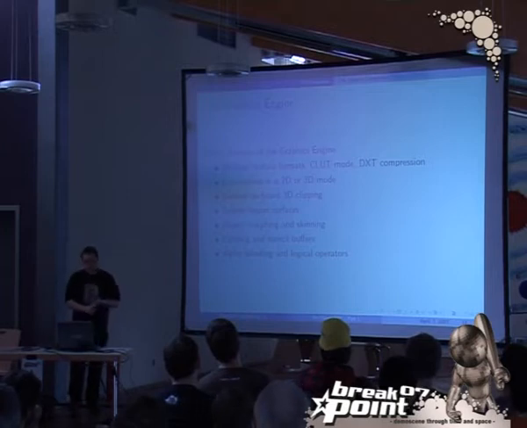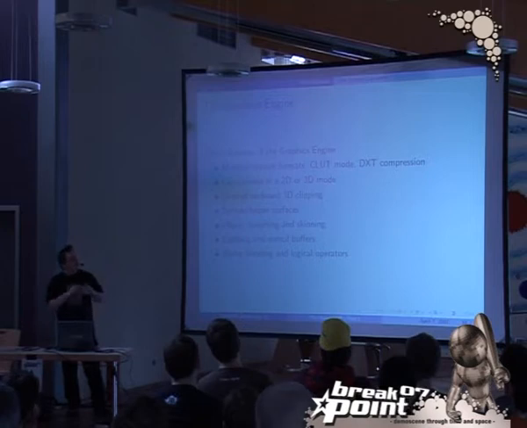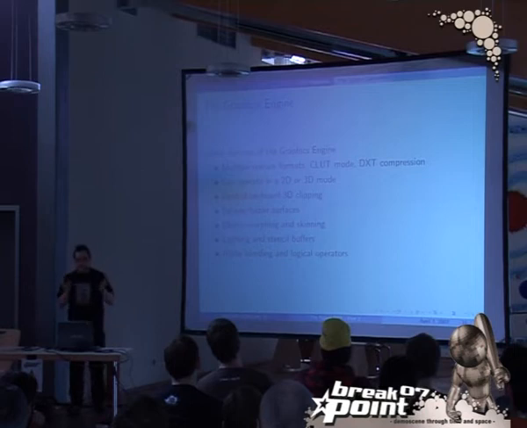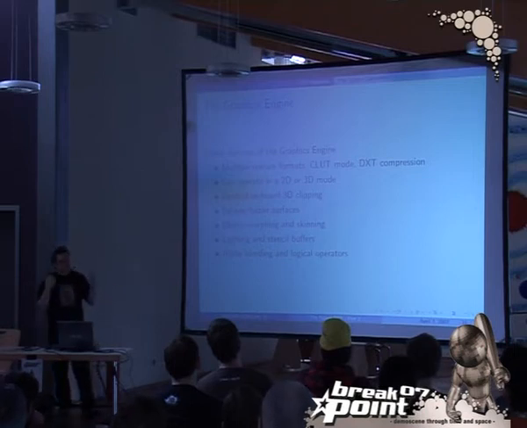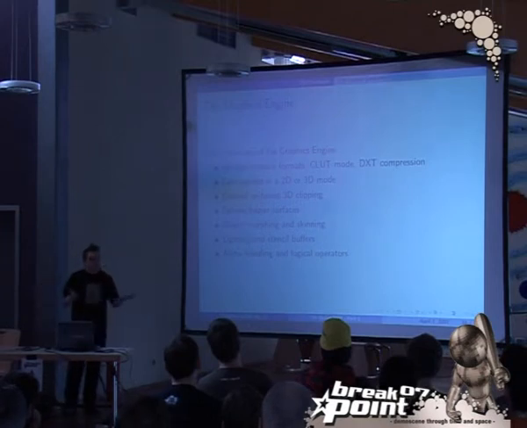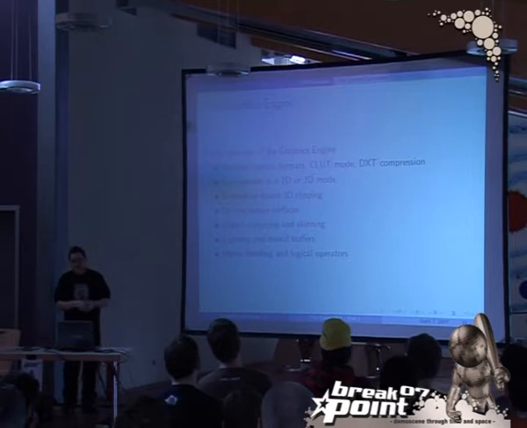It can operate in both a 2D and 3D mode, so rather than the way the PS2 tended to do it, which was a sort of virtual pseudo 2D, 3D, you can actually give it your projection and your other matrices, and it will actually do the transformations for you and project it onto the screen.